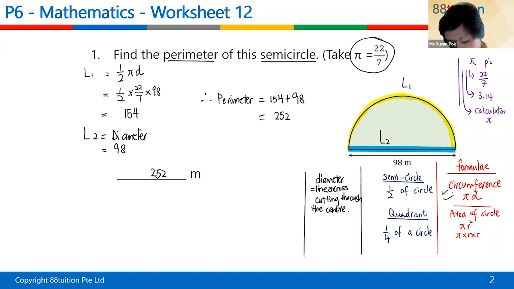Nabil, how to find the area of a quadrant? A quadrant is like a quarter of the circle, right? Yes, clever. It's a quarter times the diameter times the pi.